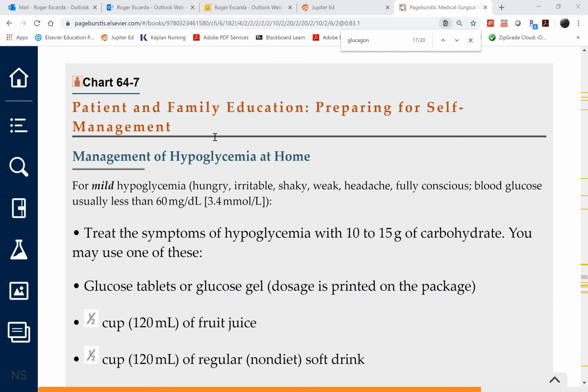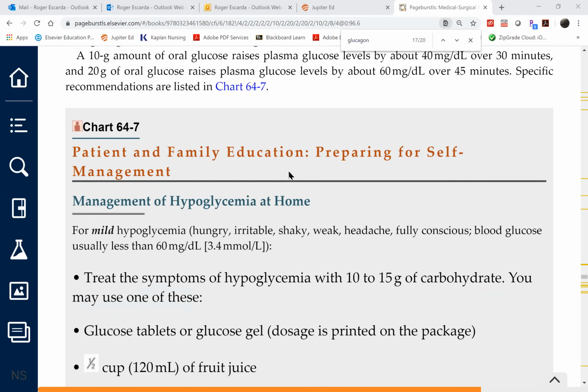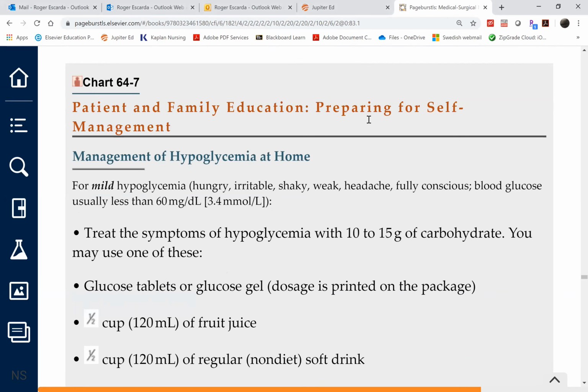Although this is labeled for the home, we do the same in the hospital. So we follow the 15-15 rule. 15-15 stands for giving the patient 15 grams of carbohydrates, followed by checking the sugars every 15 minutes.